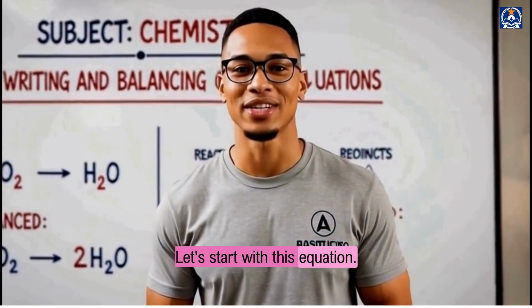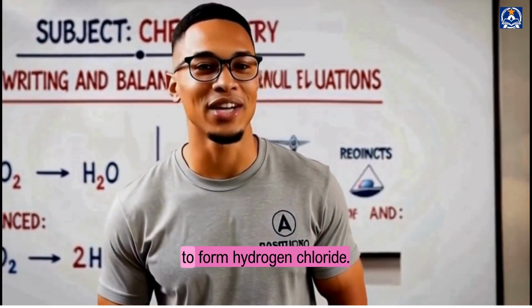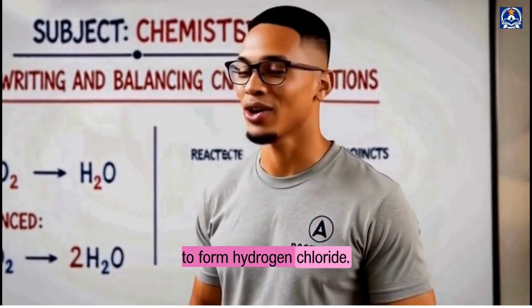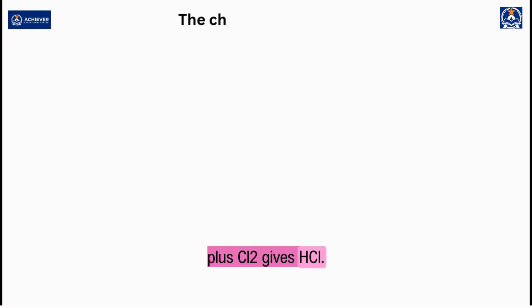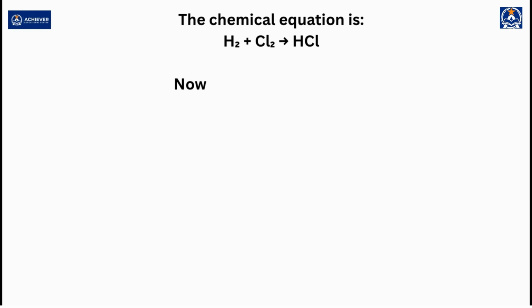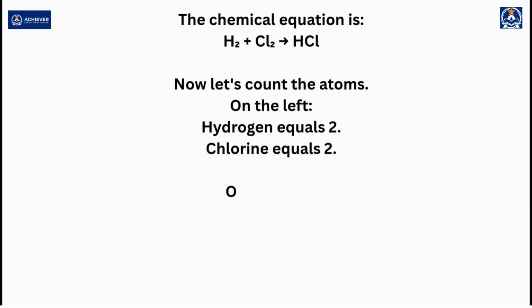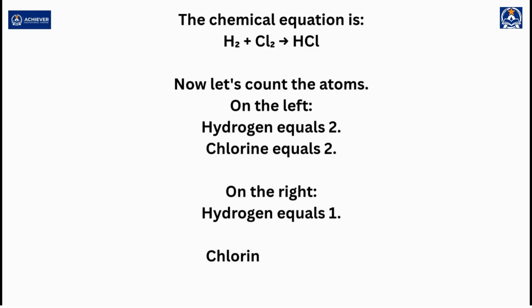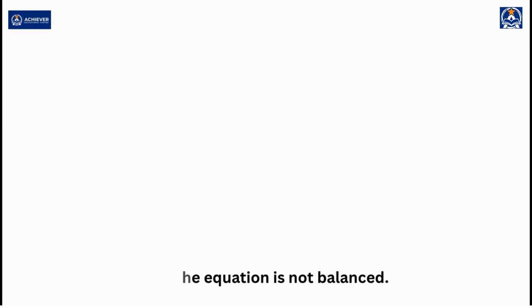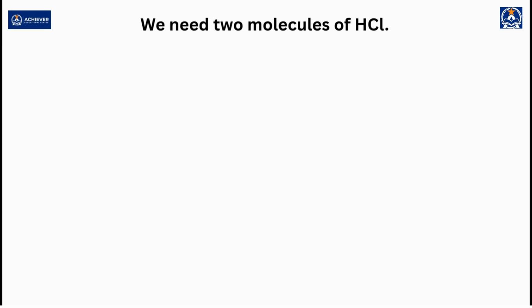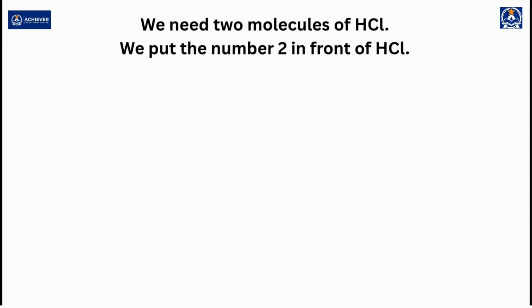Let's start with this equation. Hydrogen reacts with chlorine to form hydrogen chloride. The equation is H2 plus Cl2 gives HCl. Now count the atoms. On the left, hydrogen is 2. Chlorine is 2. On the right, hydrogen is 1. Chlorine is 1. So the equation is not balanced. What do we do? We put a 2 in front of HCl.